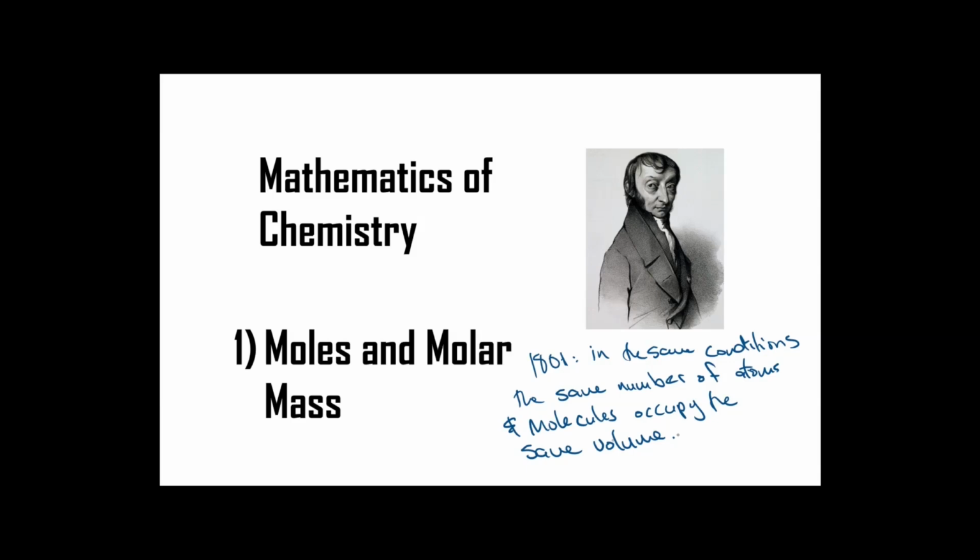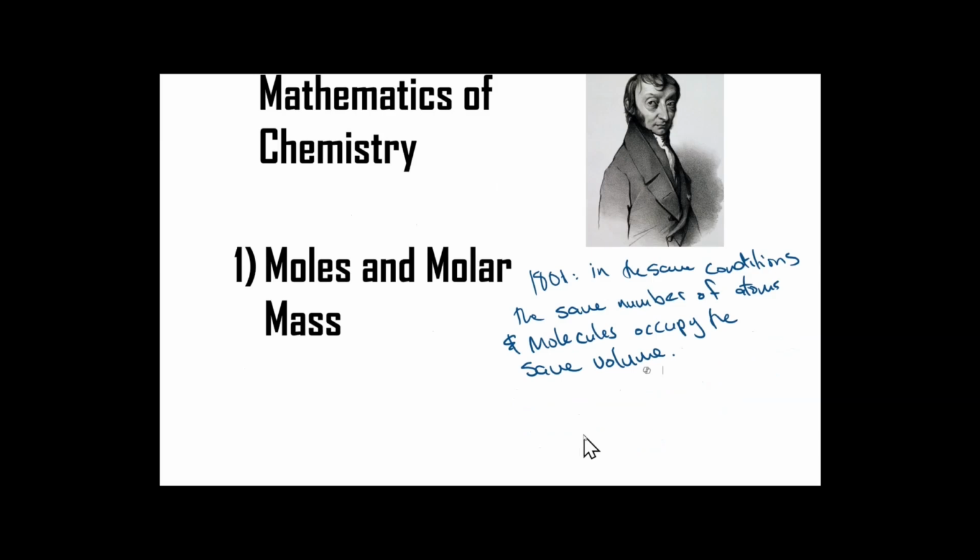And this left us with a bit of a problem. Atoms are really, really tiny. So it makes absolutely no sense whatsoever to talk about one atom and another atom.